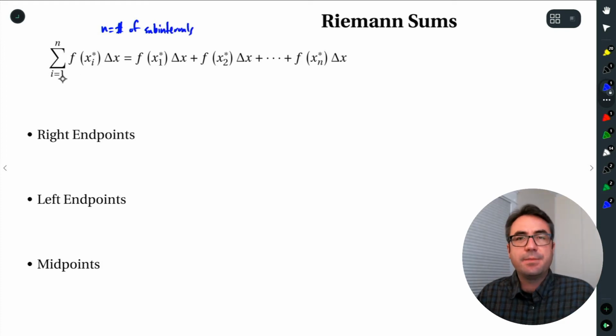And what makes this a Riemann sum is that we're doing this summation of f of xi star times delta x. So it's f of x1 star times delta x plus f of x2 star times delta x plus f of x3 star times delta x, and so on up until we get to f of xn star times delta x. And then we add all those together. And this is our Riemann sum.